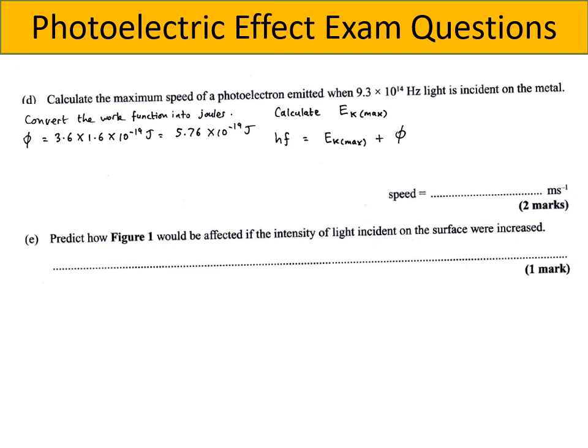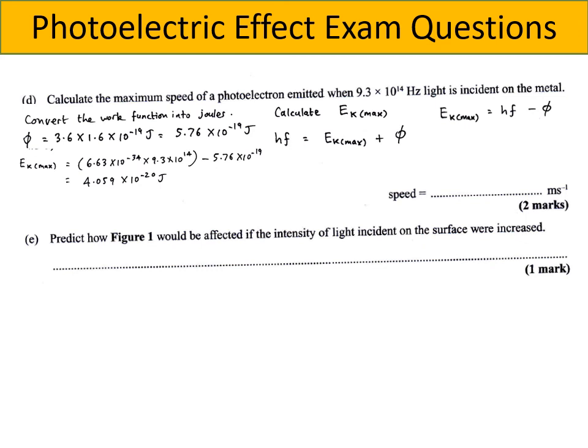Then we need to calculate EK max, and we need to remember that Einstein's photoelectric equation hf is equal to EK max plus the work function. Now we want to make EK max the subject of the equation, because within EK max is a half mv squared. So EK max is equal to hf minus 5.76 times 10 to the power minus 19.